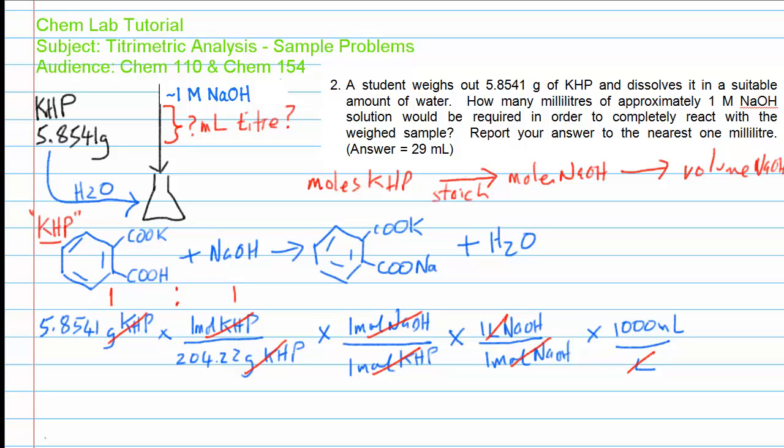So if we perform the calculation with a calculator, our calculator will show this value here, 28.665554 millilitres, and we have to report this to the nearest 1 millilitre, so we're going to round that up to 29 millilitres. So when doing this titration using this mass of potassium hydrogen phthalate, we would expect to reach the end point after adding approximately 29 millilitres of sodium hydroxide.